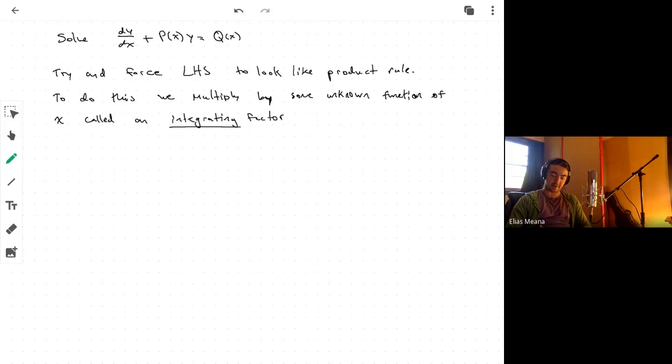It's called an integrating factor, and we usually denote it mu of x. Okay, mu of x is the one that I usually use.